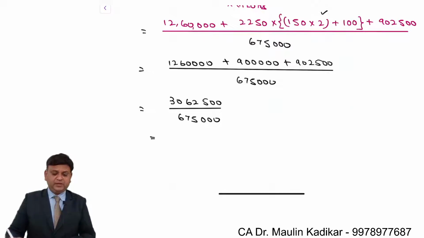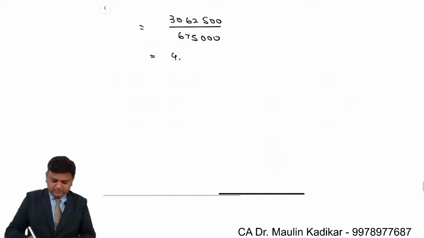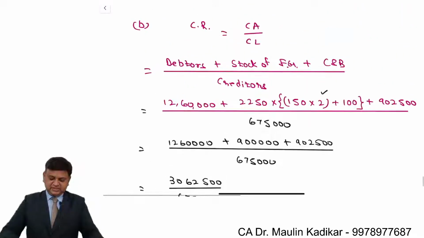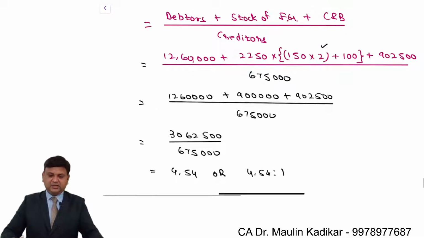That comes to 4.5370, or we can write 4.54, or we may mention 4.54 is to 1. That is the current ratio that we have. This is the way we are required to make the calculation of the current ratio as on 31st of March.